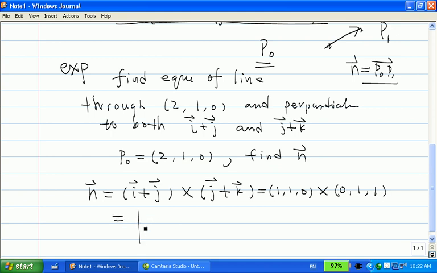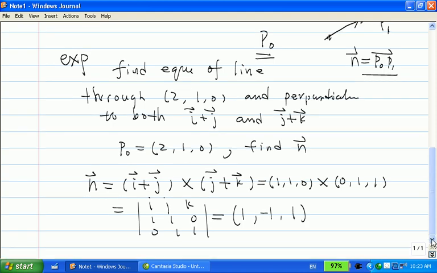Perform the cross product with i, j, k for (1, 1, 0) and (0, 1, 1). You will find a vector: the first component is 1, the second one is minus 1, the third one is 1, if I did everything right. And I claim this vector (1, -1, 1) will be our n.